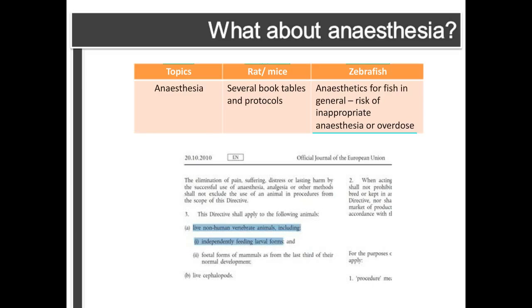So the European Directive already puts the non-human vertebrate animals inside its protection, and also independently feeding larval forms. So the zebrafish, from the time it hatches, it's an animal that is protected by legislation.